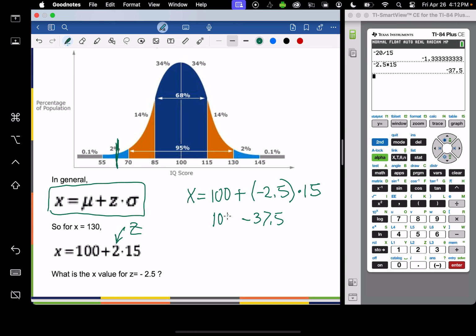So I just need to do 100 minus 37.5, and I get 62.5. Does that look like a reasonable answer? Yeah. So an IQ score of 62.5 is 2.5 standard deviations below the mean.